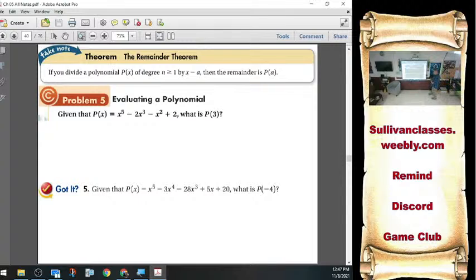The remainder theorem, let's go back to what we were just doing. If I do synthetic division and I get a 0 at the end, what does that mean? No remainder. If there's no remainder, what can I say about the divisor? It's a factor of.